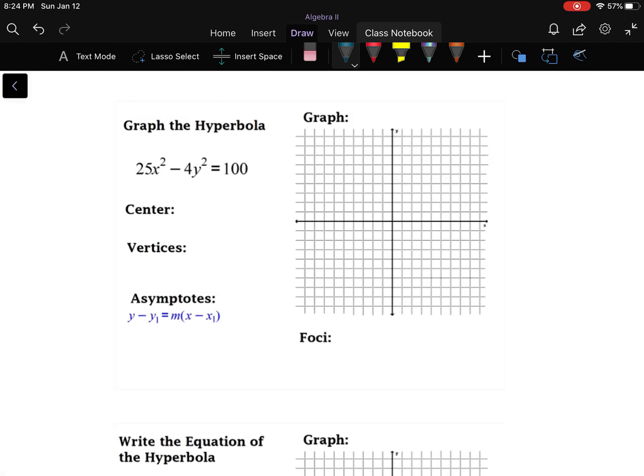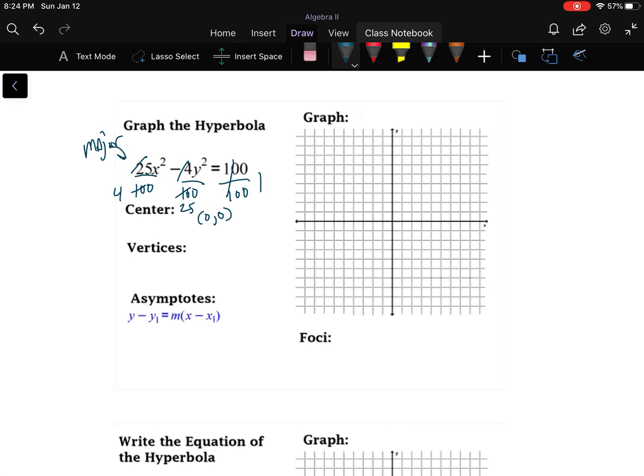Okay, again, these have to be equal to 1, so I'm going to divide by 100. Reduce these down. I get a 4 and a 25. Now, careful. X squared is the positive one, so x is still my major axis. Okay, so I'll take the square root of 4 and I'll get 2.